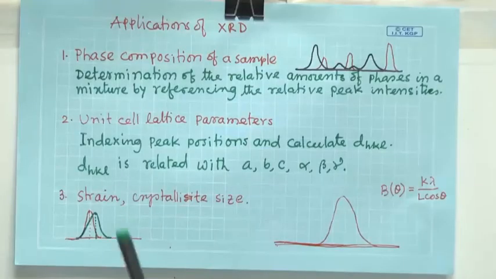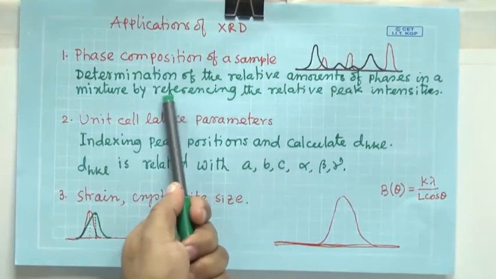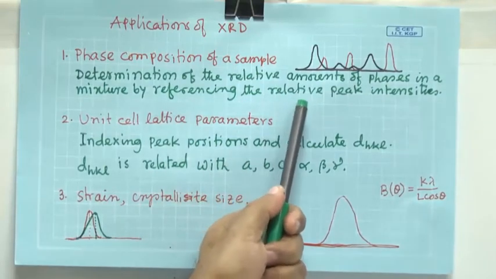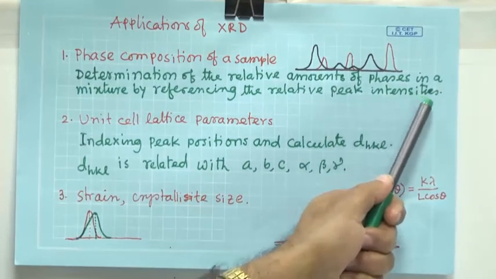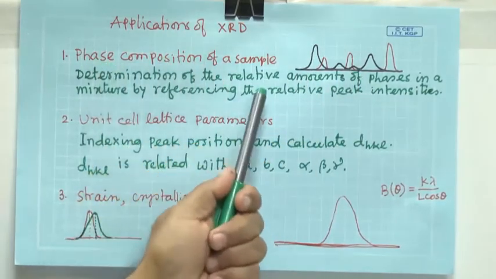So, from the relative ratio of the intensity of the peaks, that is why it is written here referencing the relative peak intensity, we can find out the phase composition of a sample.